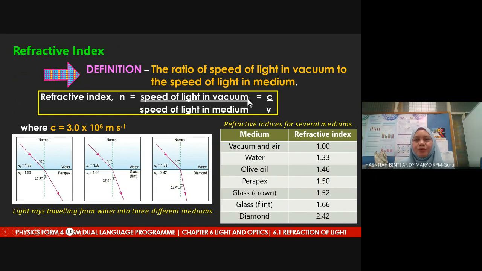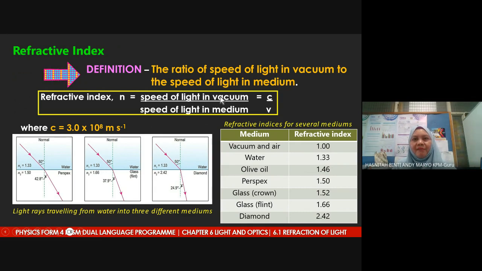Vacuum here also includes air. When you give the definition, please don't give the formula. Write it in words: ratio of speed of light in vacuum to the speed of light in medium.